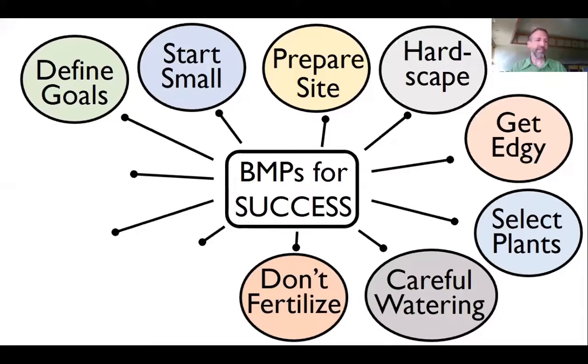So say you get a nice little short-in-stature penstemon or an echinacea that looks great out in the prairie, and you get it into your landscape and you give it too many nutrients and too much water, and all of a sudden it gets really tall and leggy and falls over, and it's not as aesthetically pleasing.